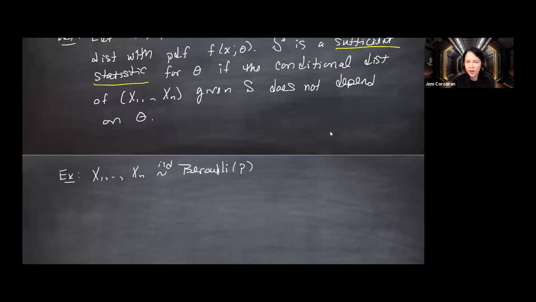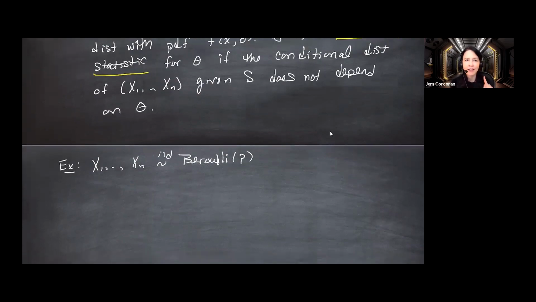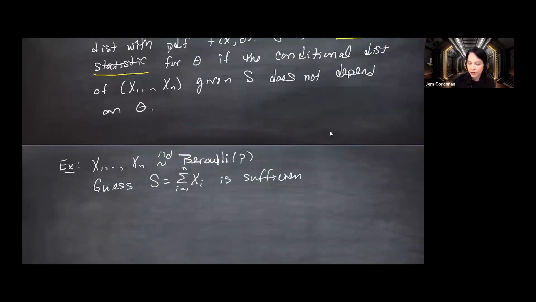We're guessing, but I'm going to tell you how to find sufficient statistics, that the statistic S, the sum as i goes from 1 to n of the xi, is sufficient for p, or the Bernoulli, or for estimating p. Just using the informal idea of, isn't it enough that you use this one statistic and you don't need all of the data? So let's prove it and hopefully illuminate this definition of sufficient statistics.